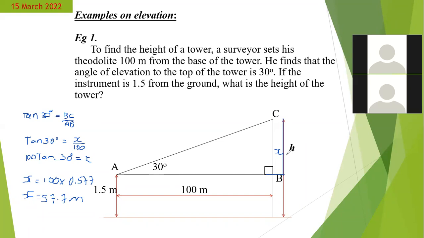So what next? H equals X plus the height of the theodolite from the ground. Let us just put in the height. So it's X plus 1.5.